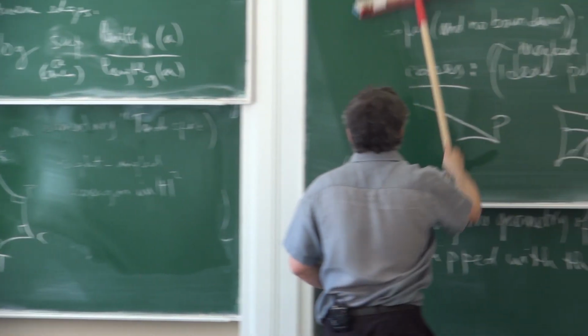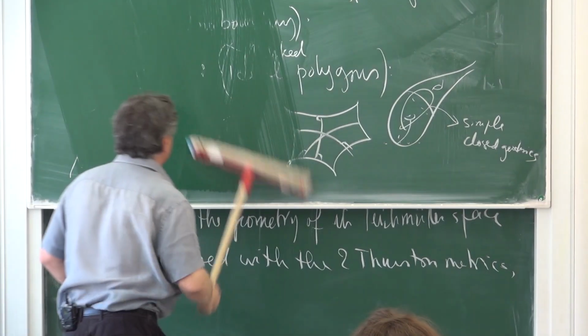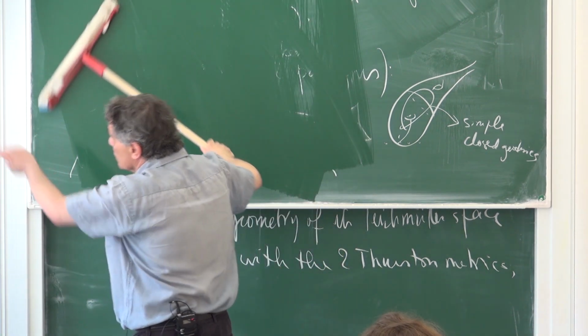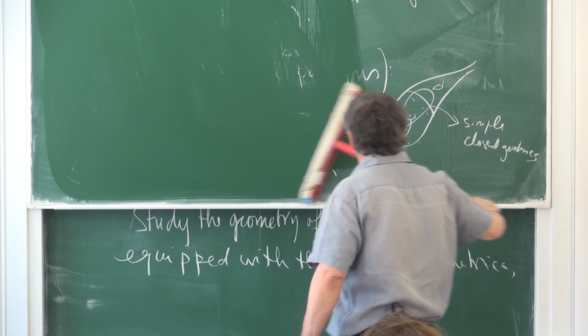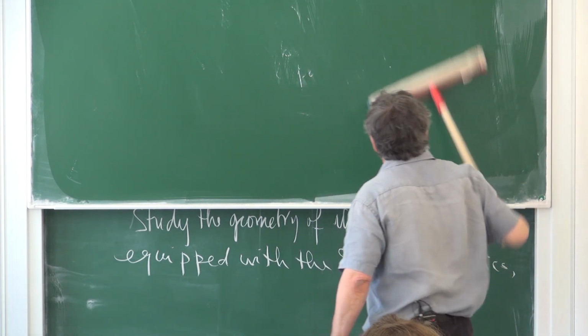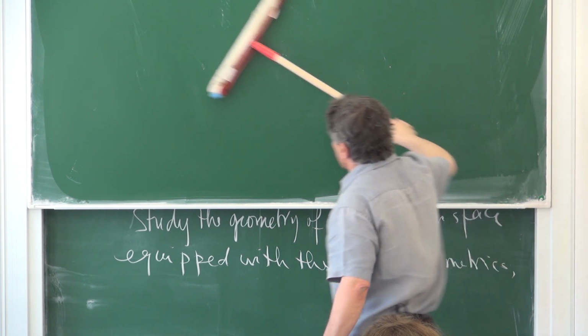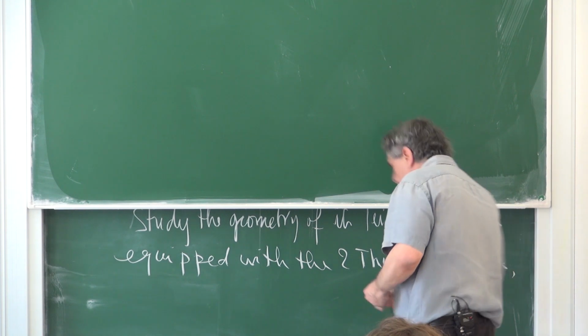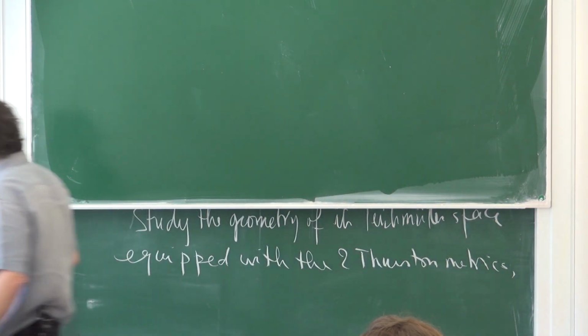But it is good to develop the theory especially for these cases, and not only as tools to study the case of closed surfaces or surfaces with cusps. You can study these two cases for themselves, and here, okay, you have the parameters.